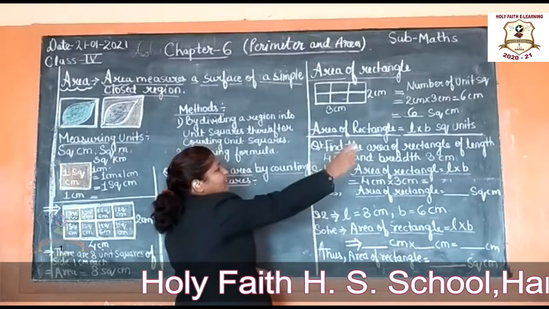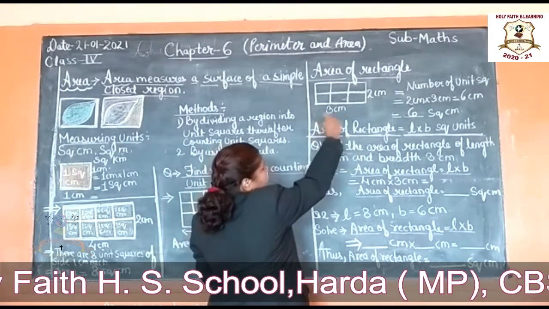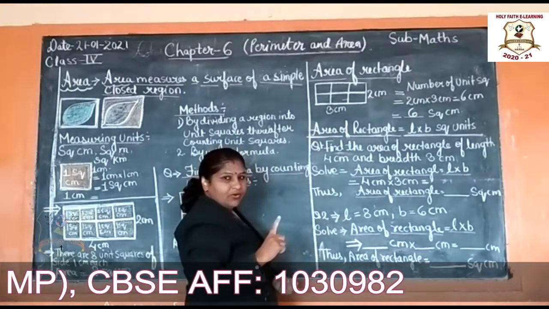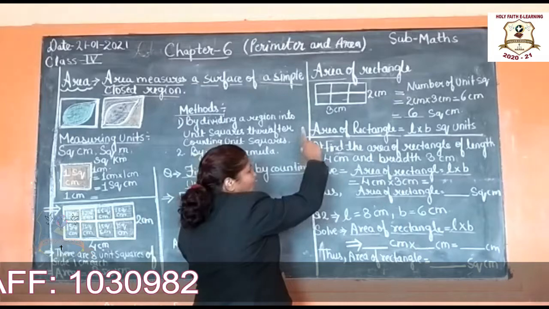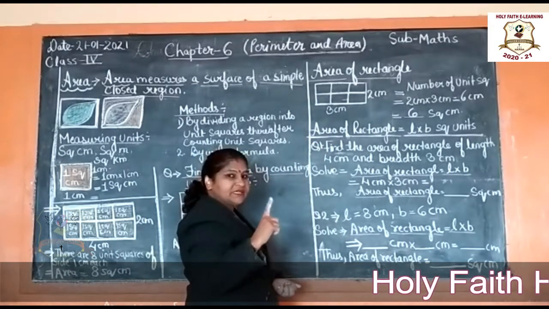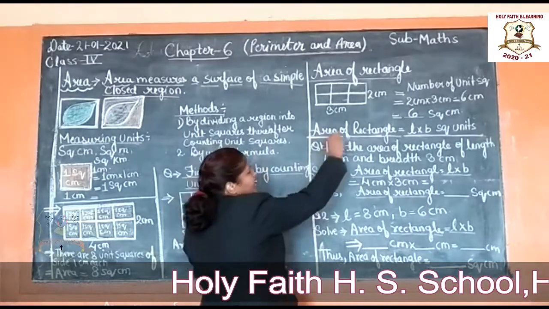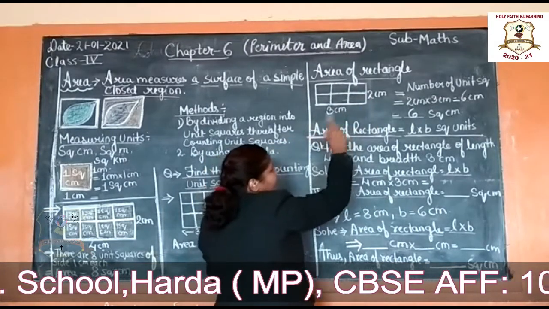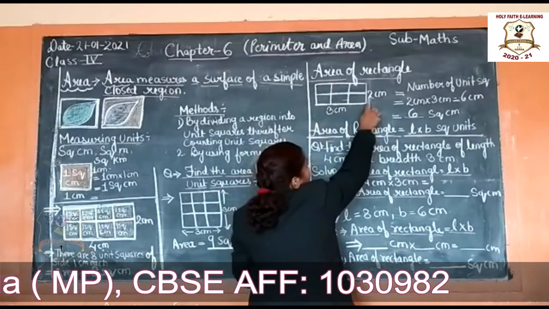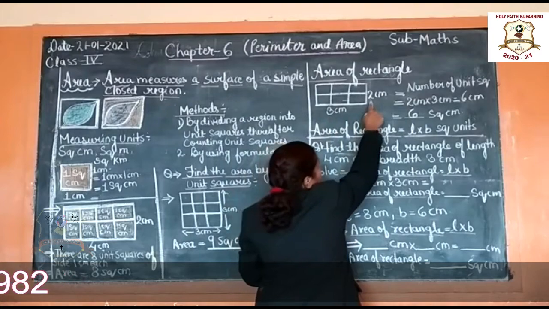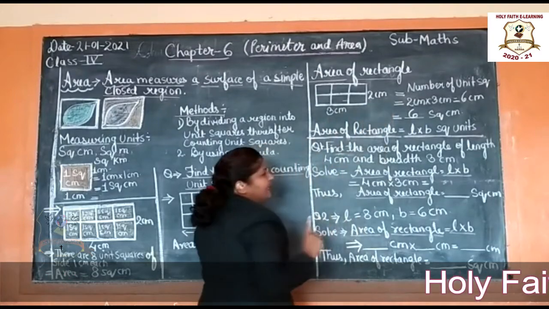Okay, here you can see that in this closed figure, 2 rows are given, of squares of side 1 centimeter each. Here we can see that the length is 3 centimeter and breadth is 2 centimeter.